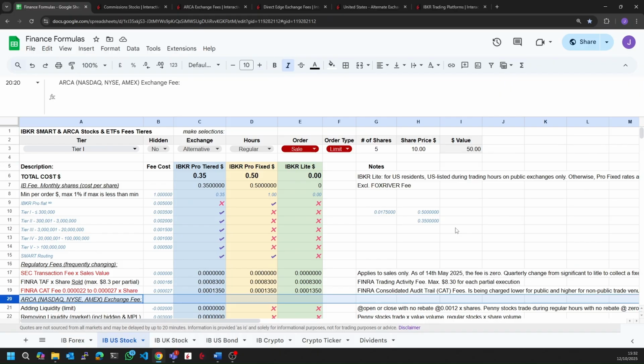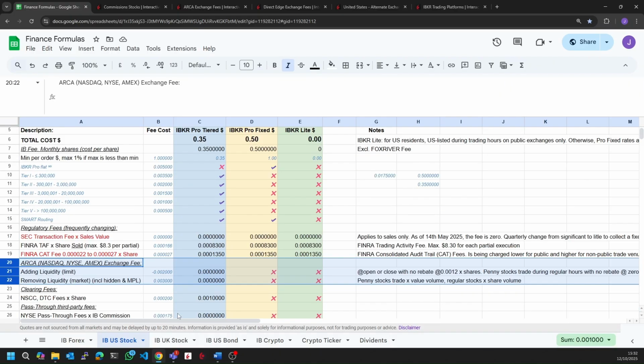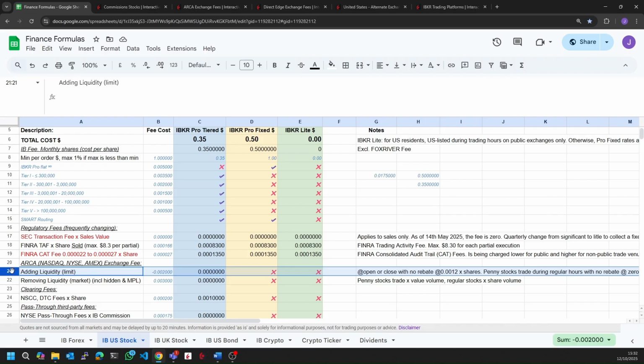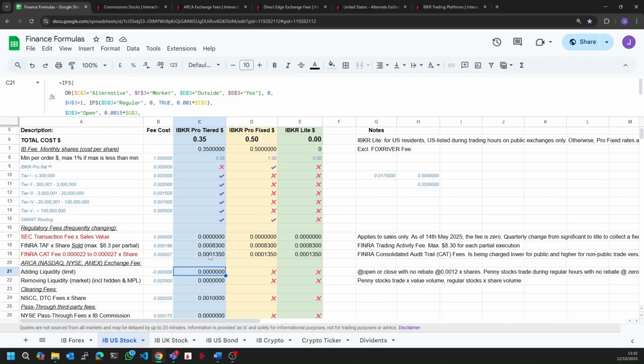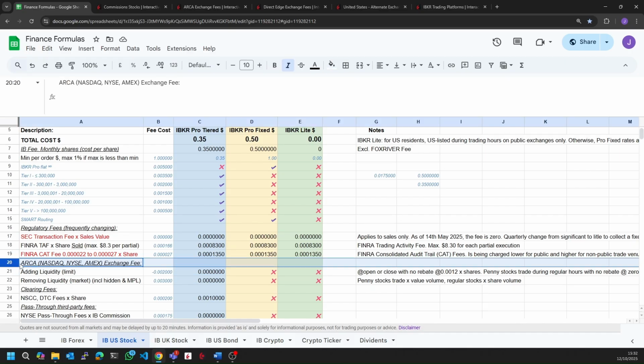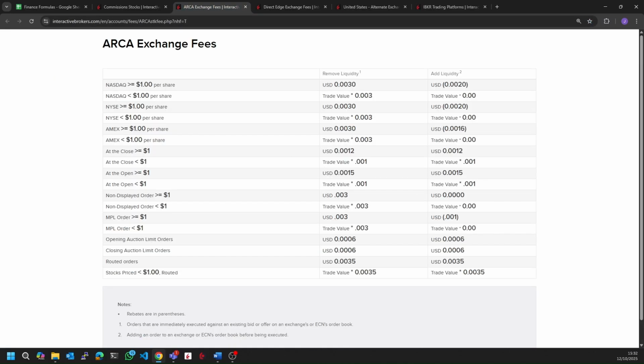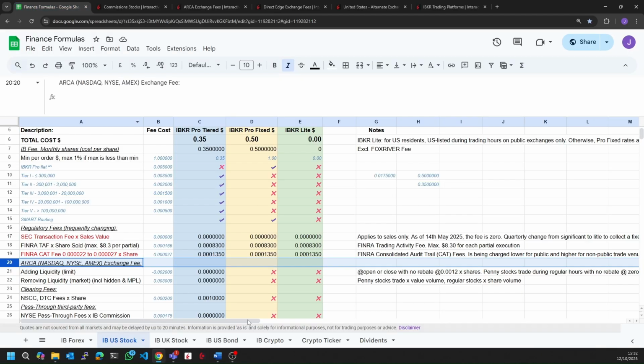Now the exciting part with the public exchanges, it's only one fee, but I just split it into two parts because otherwise the formulas would be too complicated logically. In this example, you have Arca, which is a routing for three major exchanges: NASDAQ, NYSE, New York Stock Exchange, and Amex. And this is the price for Arca, which looks like a lot, but actually it's not. It's just repeating. The same cost is repeating.